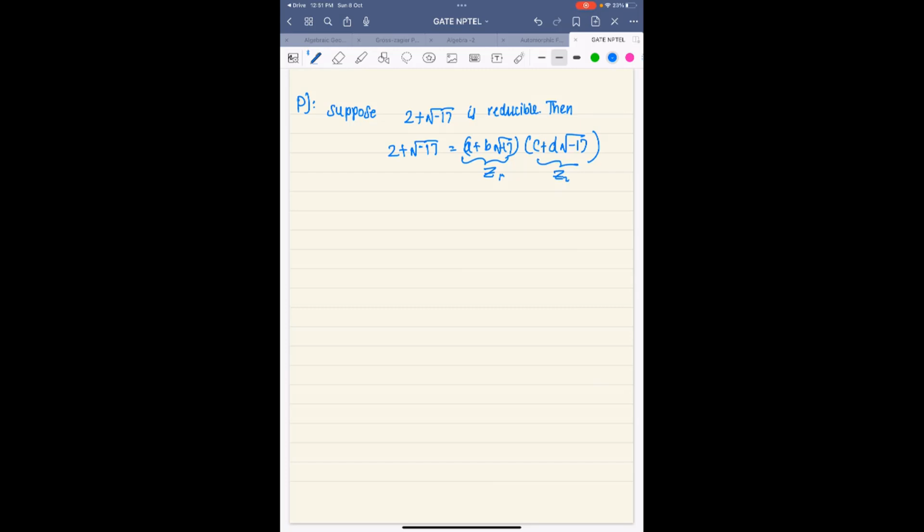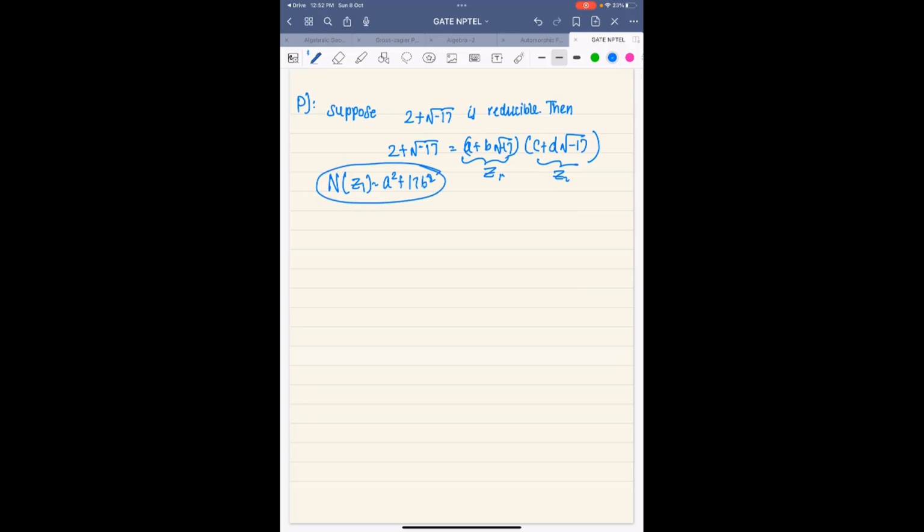Okay, so we take norm on both sides. So this will be norm of Z1 times norm of Z2. Let's say that norm is denoted by N. We are defining norm of Z1, for example, to be A square plus 17B square.